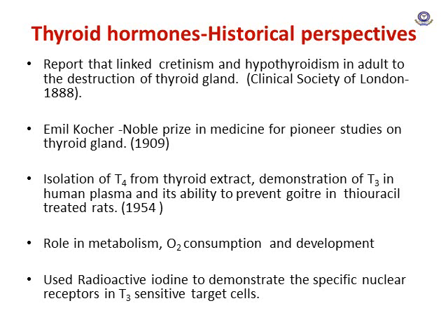As early as possible, there is a first report from the Clinical Society of London where they correlated hypothyroidism in adults and children with the destruction of the thyroid gland. Similarly, after a few years, Emil Kocher, a pioneer, did the pioneering surgical study on the thyroid gland, for which he was awarded the Nobel Prize also.